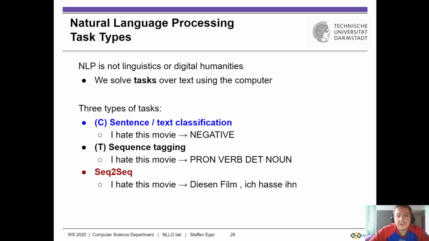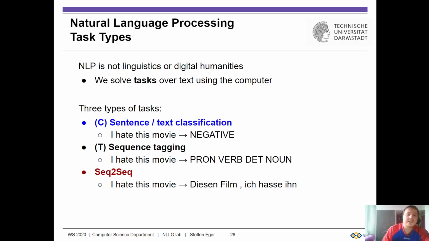So we usually have annotated data, and we try to develop computer models that can solve the problem with maximum accuracy, for example. So when we look into natural language processing, there is a distinction that I typically make. We have three classical or prototypical tasks in natural language processing.